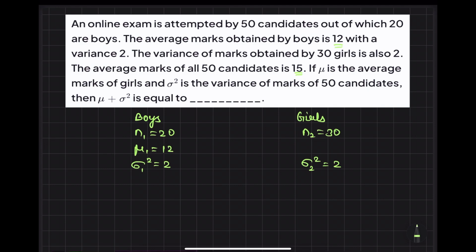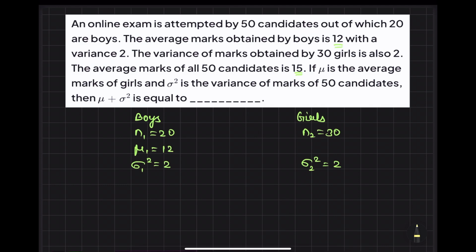So look at this. If mu is the average marks obtained by the girls and sigma square is the variance of 50 candidates, so we need mu plus variance. First try to understand: mu is the average marks obtained by the girls.